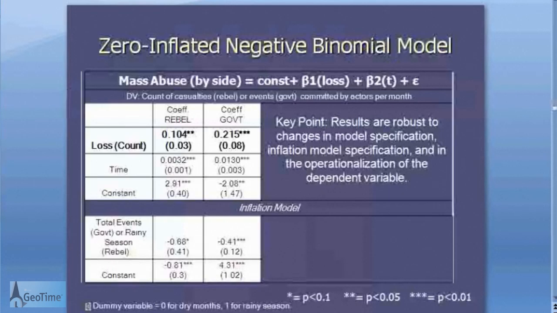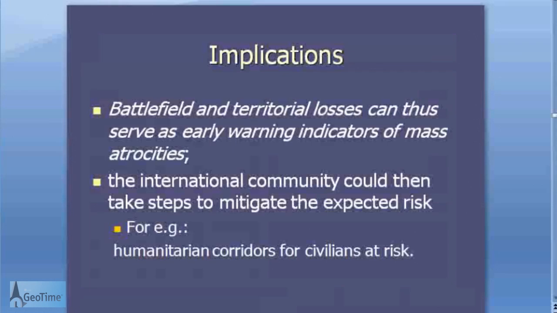I also tested this using a zero-inflated negative binomial model and found a similar strong and statistically significant relationship for both the rebel and government actors, robust to changes in this sort of model specification.